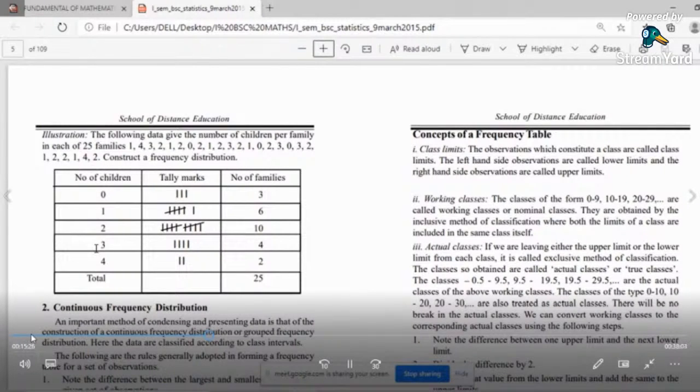Another example is number of children 3. How many families are there? 4 families are there. So these are typical examples of a discrete frequency distribution.